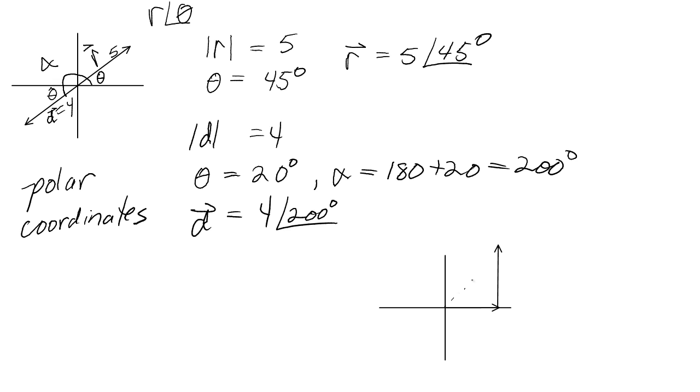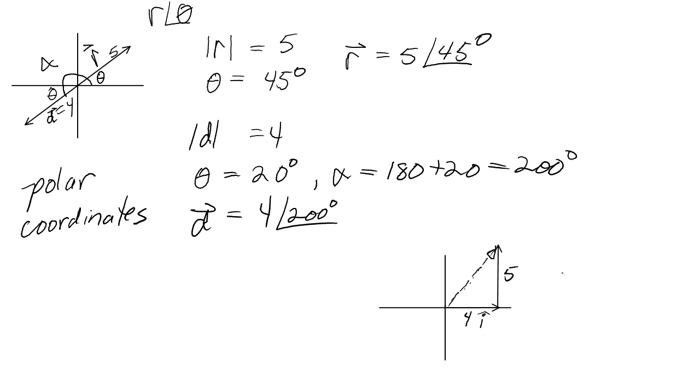And we still have the same potential to express this vector as r theta. Okay, but let's say that this is 4 and this is 5. This is going to be the i component.